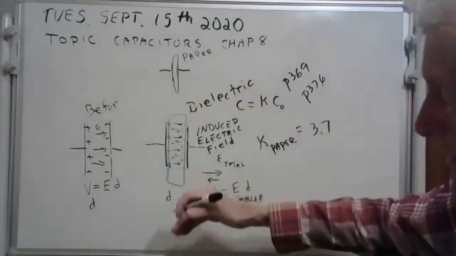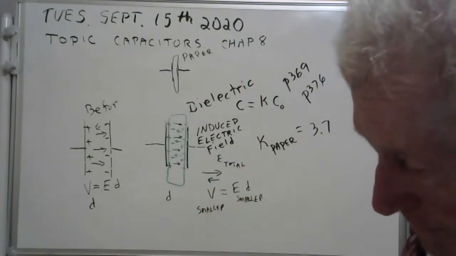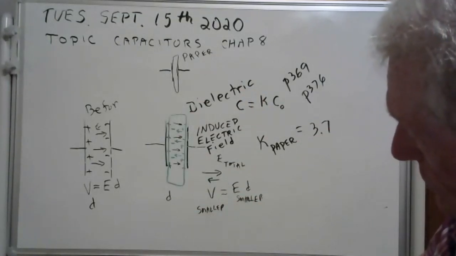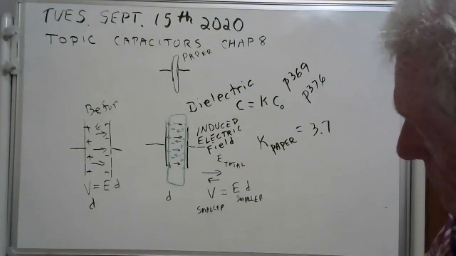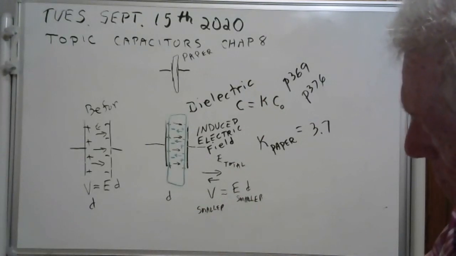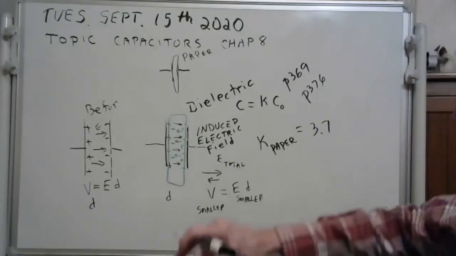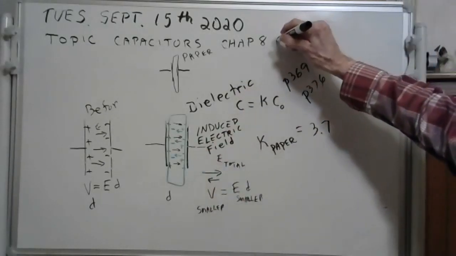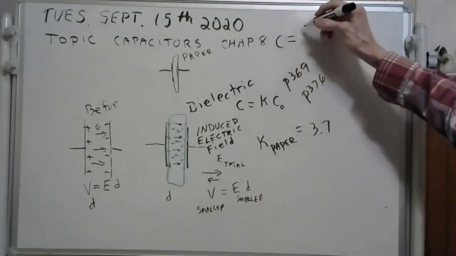When you put the paper in, the voltage goes down. It's the weirdest thing. The voltage goes down, and we have this equation that goes like this.